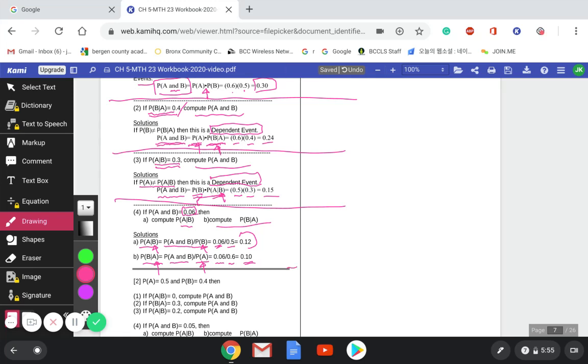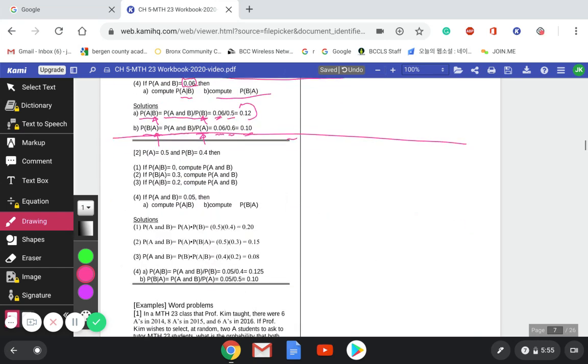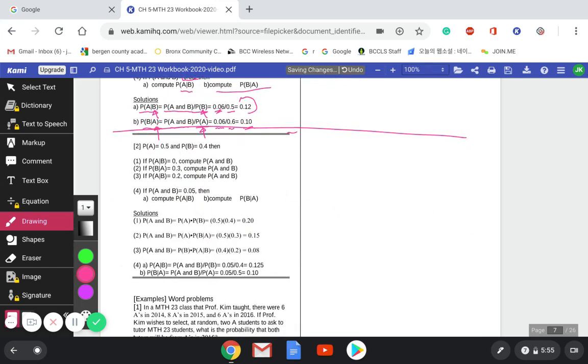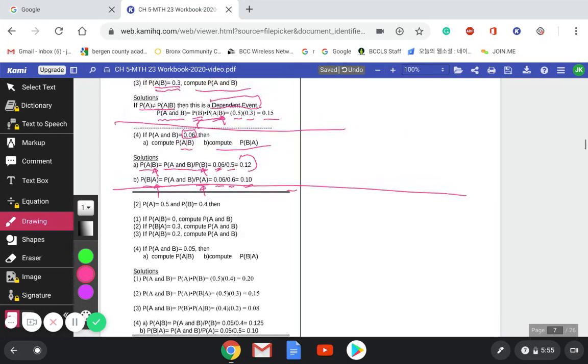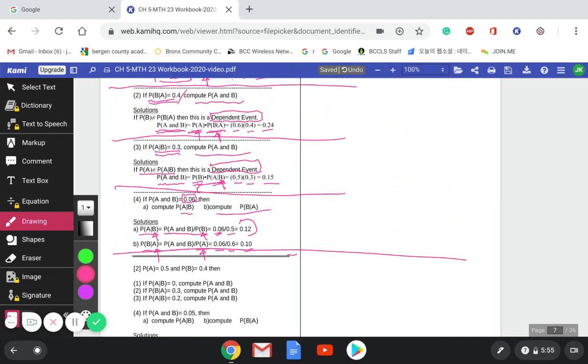So now let's look at another set of problems, similar to the one that we had. Now try to find set 2 when probability of A equals 0.5 and probability of B is 0.4.